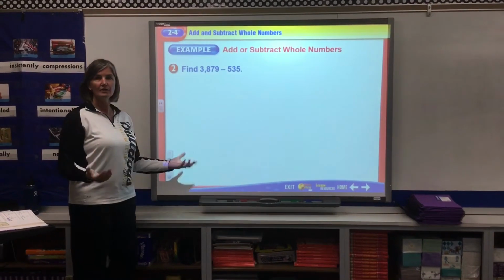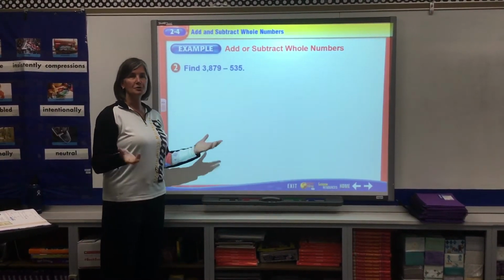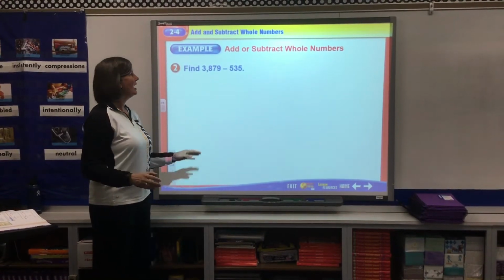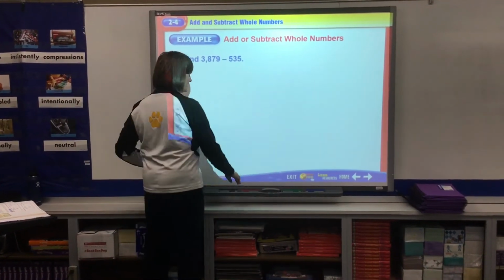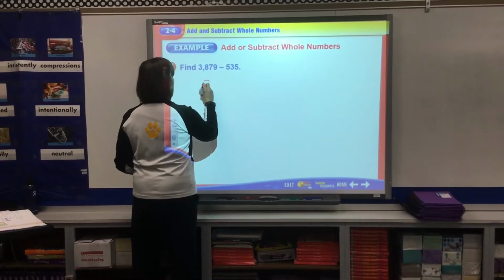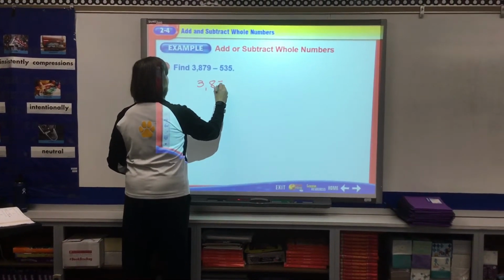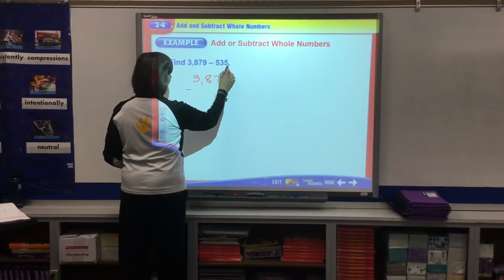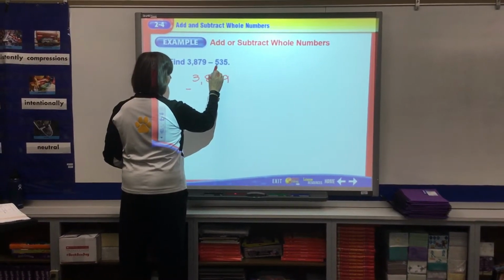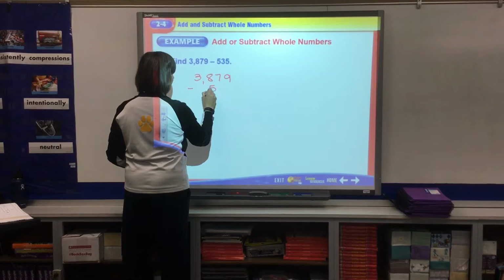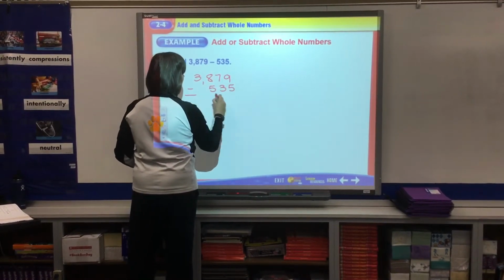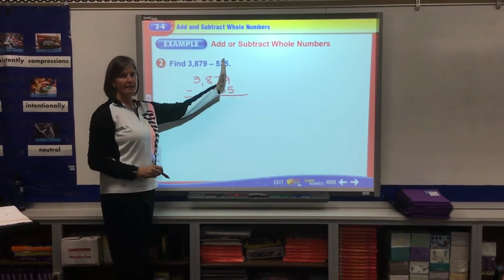Now let's talk about subtracting. When we're subtracting two numbers, the answer is called the difference. Again, they wrote these out side to side. I want you to start off by rewriting the problem, making sure you're copying it correctly. And then you need to line up. Since this is in the hundreds place value, that's where you need to start, lining it up in the hundreds place value. So we're going to start again.